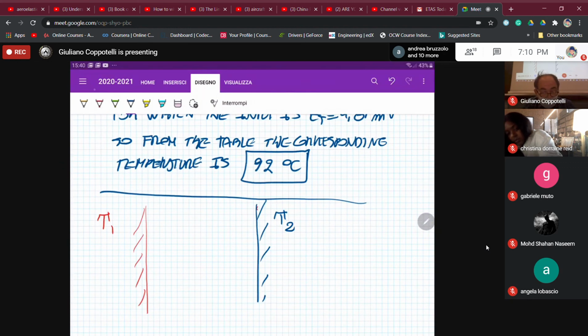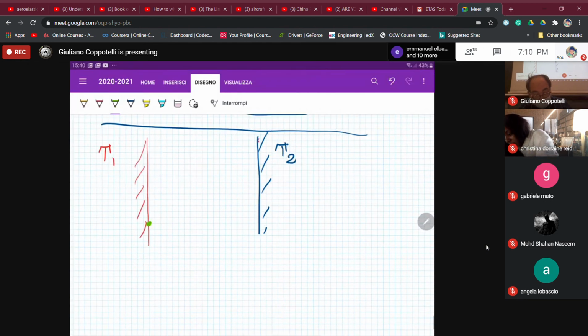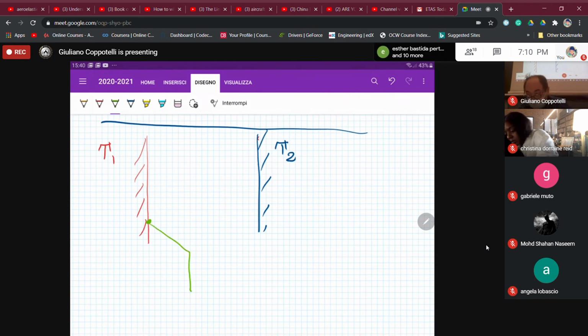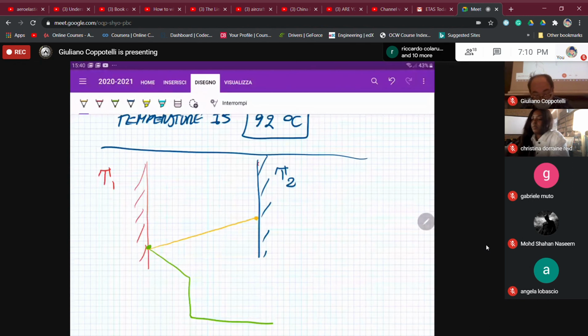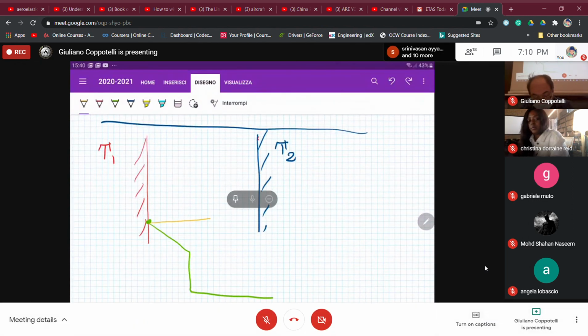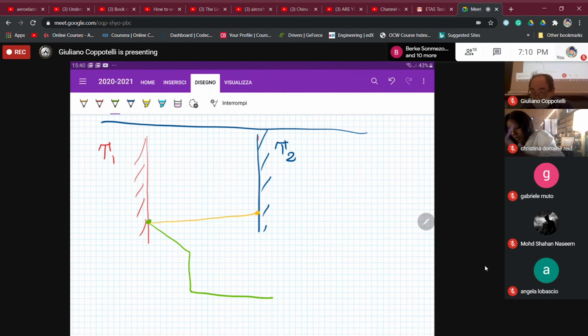And now let's consider this kind of thermocouple, one placed here, one there, then one other like this, and one other like that.